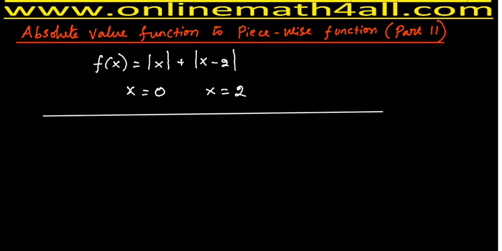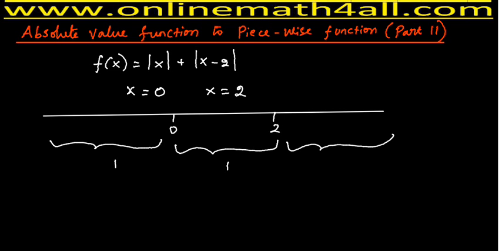So now I am going to mark these two values on the real number line. So 0, 2. When I mark these two values 0 and 2 on the real number line, I get three intervals. Less than 0 is one interval, between 0 and 2 is one interval, and greater than 2 is one interval.